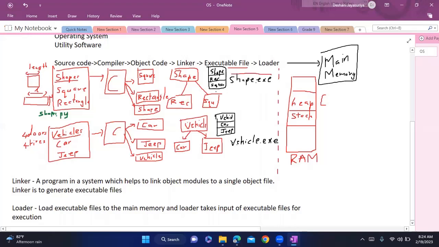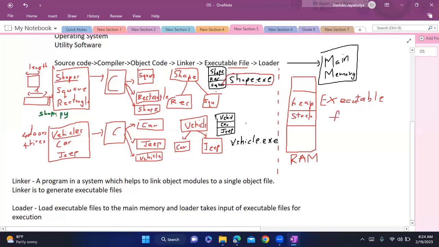This exe file, the execution will be happening inside the RAM. That's the most important thing that you should know. Nothing is getting executed until the loader. Once you get it into the loader, an execution file with .exe, then it will be executed at the end in the RAM.